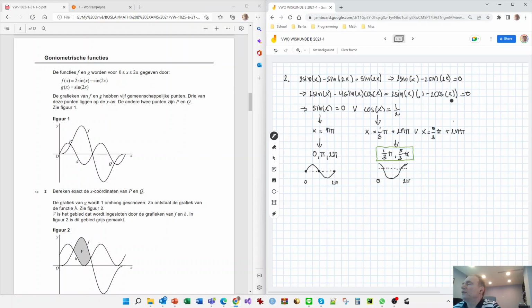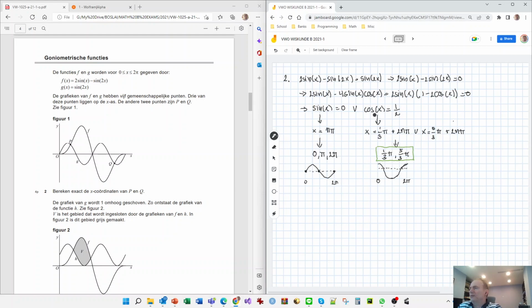Now we have to look at both. So first sine x is 0, that happens when x is n times pi, if n an integer. And within the domain given here, that's 0, pi or 2 pi, which are the points that they already kind of indicated as being on the x-axis. Then this kind of equation you need to be able to solve.